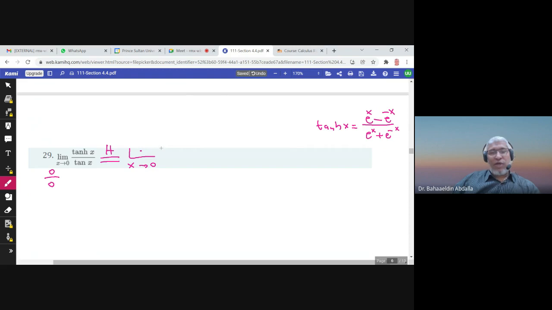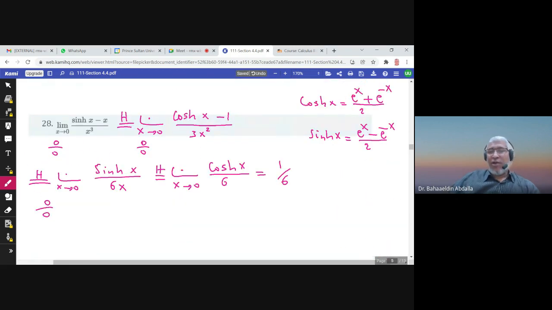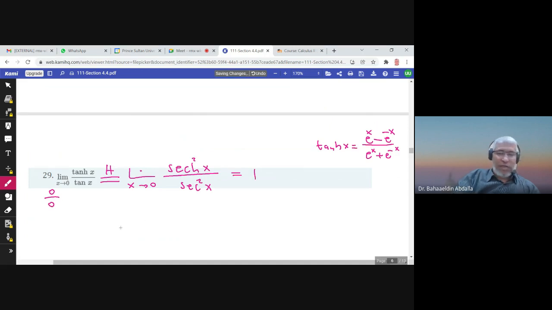Derivative of hyperbolic tan is hyperbolic secant square. Secant 0 is 1. Hyperbolic secant is the reciprocal of cosine. So e to the power 0, 1 plus 1, 2 over 2. Hyperbolic secant of 0 is 1. So I have 1 over 1 and the answer is 1.